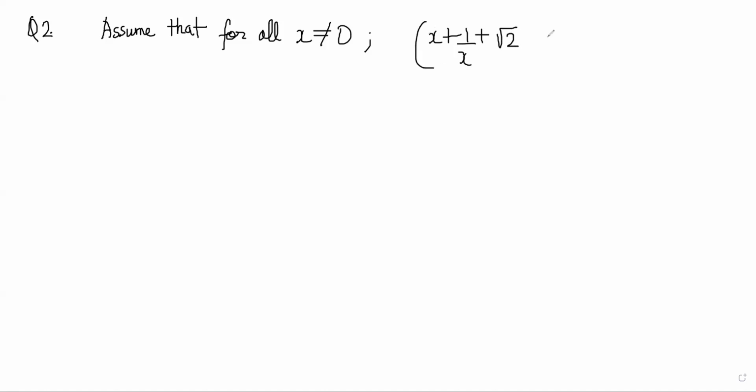Problem 2. It says, assume that for all x not equal to 0, (x plus 1 by x plus root 2) whole power 12 is equal to summation k goes from 0 to 24 of c_k x power (k minus 12).